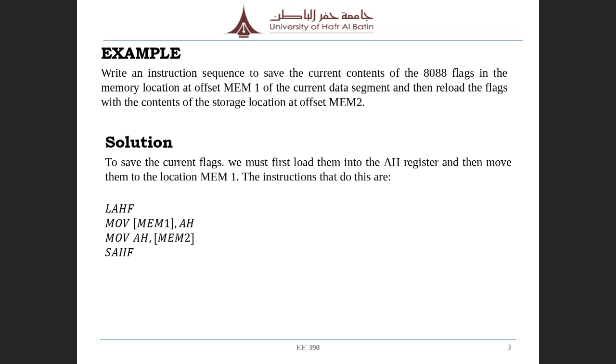Now let's see an example. Write an instruction sequence to save the current content of the microprocessor flags, 8088 or 80, it doesn't matter, into the memory location at offset mem1. So we have to save the flag value in a memory location.